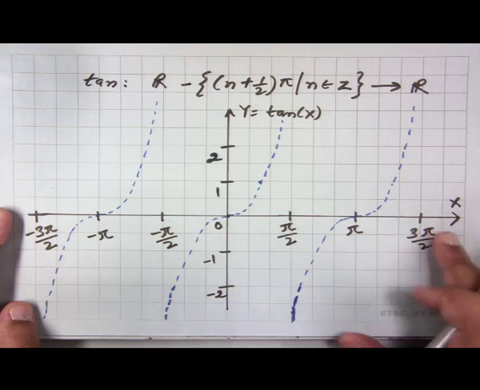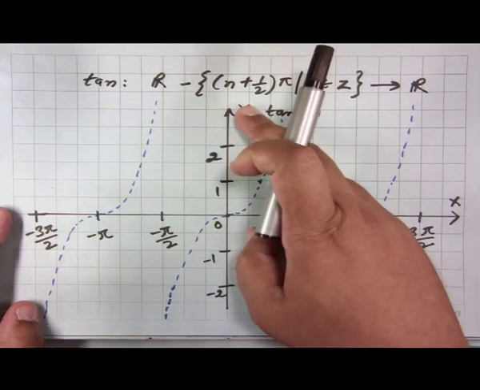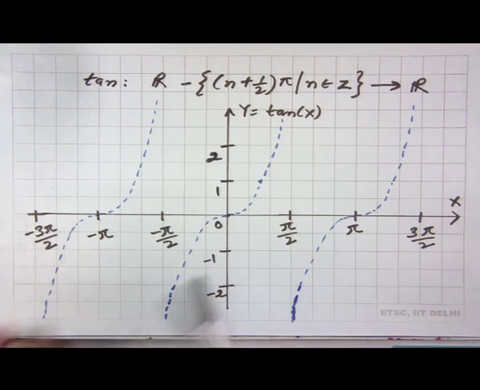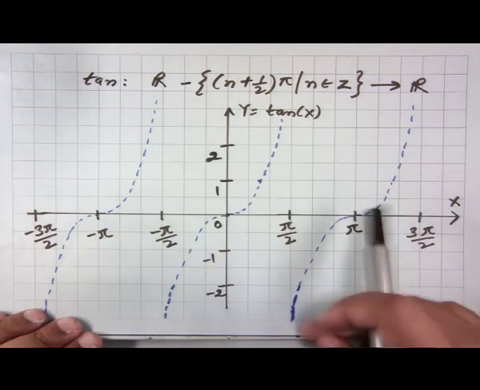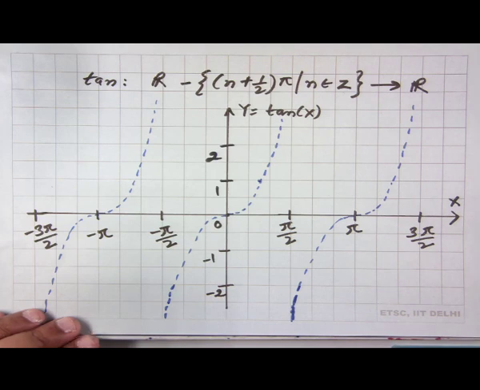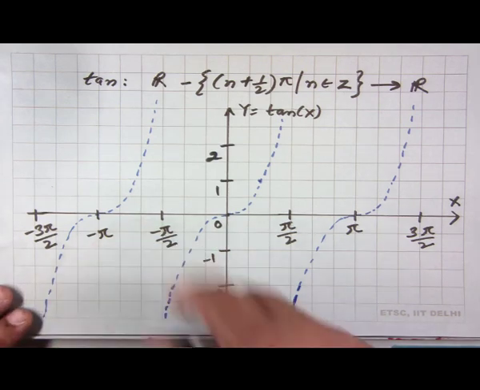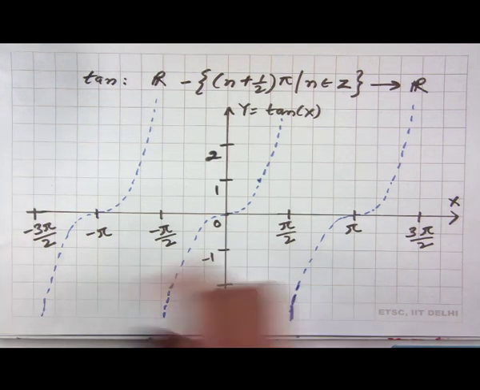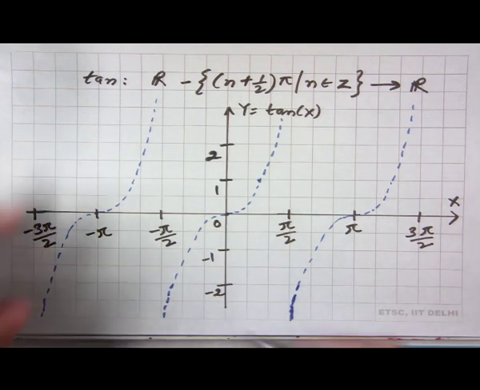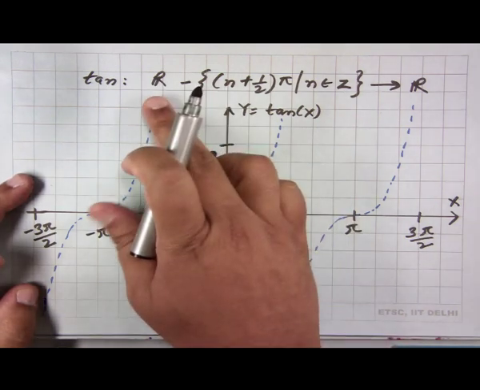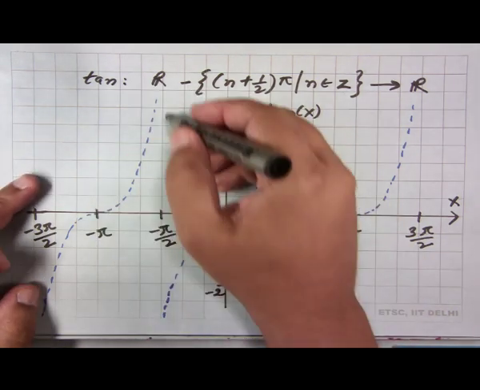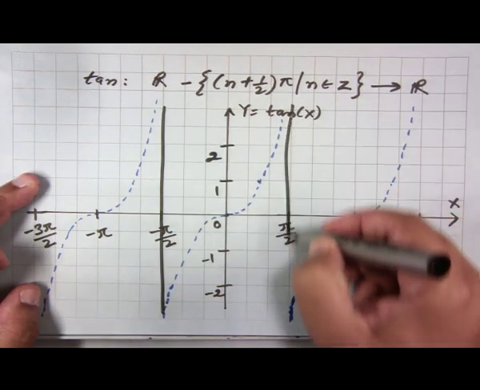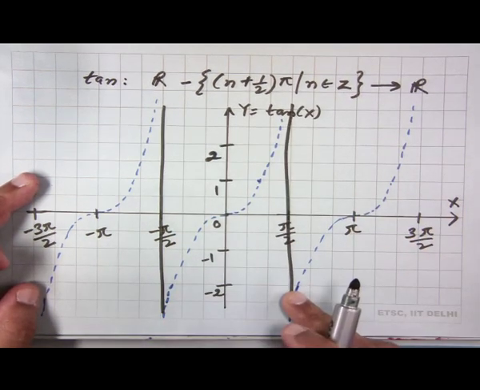On the x axis we have x, the vertical axis is tan of x, and the blue dotted curve is the tan x function. And as we can see, this is again a periodic function, it repeats with period pi, and therefore, what we can do is restrict the domain of the tan function to the interval between minus pi by 2 and plus pi by 2.